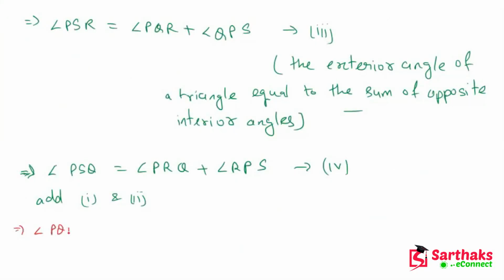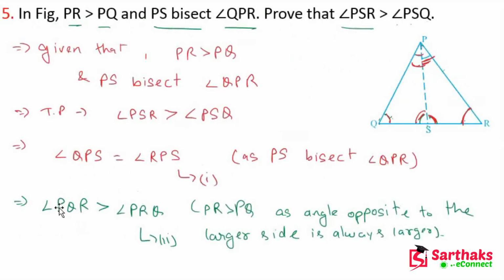Angle PQR plus angle QPS is greater than angle PRQ plus angle RPS.